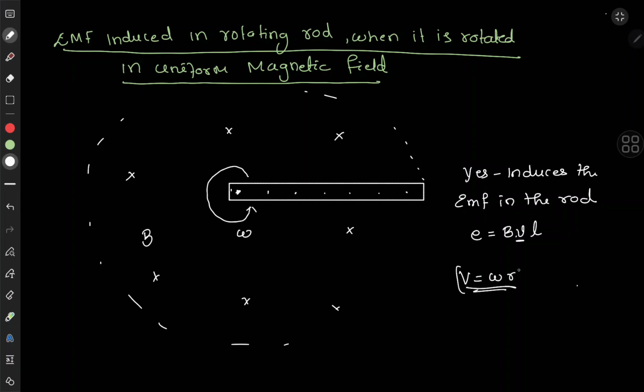This is the relation. That means at each point, from here to here, there will be a different distance, and each distance will contribute a different velocity. The magnetic field is constant everywhere in this region, but the velocity at each point of the rod has a different value.